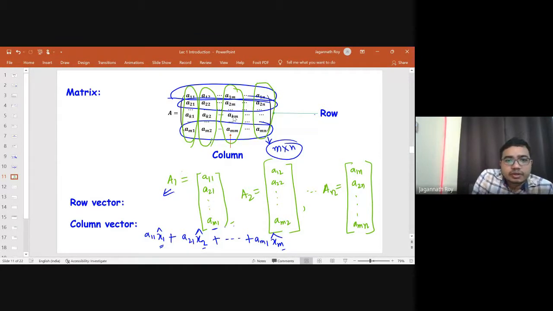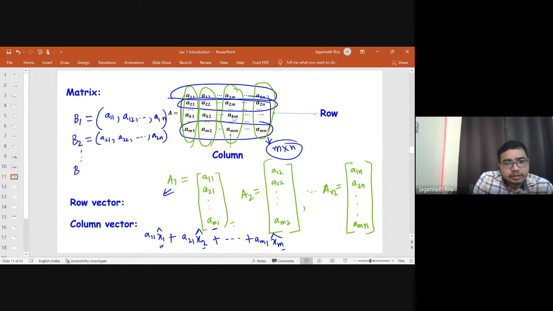Similarly, B1 is A11, A12, A1n, B2 is A21, A22, A2n.